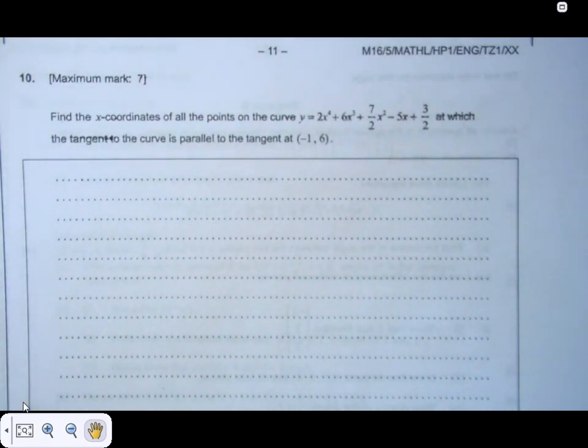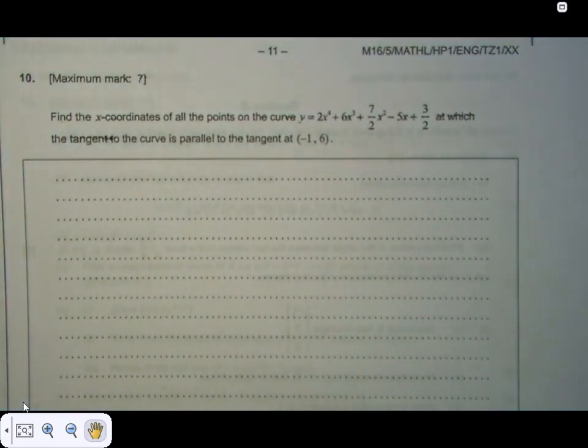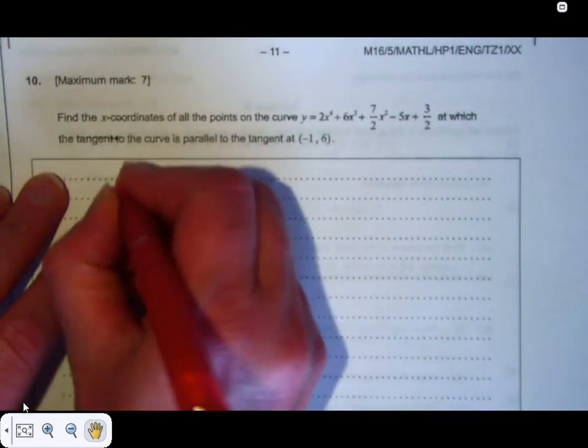And how do you figure out a tangent line? Well, that's true. You're giving me the equation, but what's the very first thing I'm going to need to know for all this tangent and parallel and what am I trying to find? Slopes. How do you find slopes? Derivatives. I need to take the derivative.